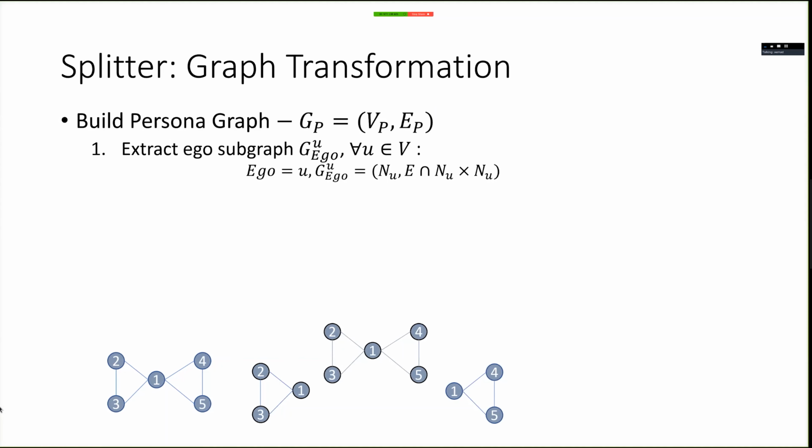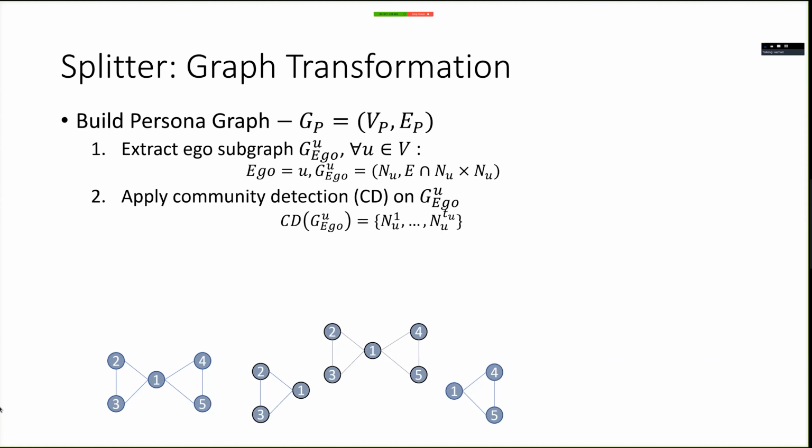The second step is to apply a community detection algorithm on each of these ego subgraphs. So it's like you are trying to extract the communities of each node, or let's say the different contexts of each node. We call it microscopic community detection because we apply it on each node, so the scope is the node itself.